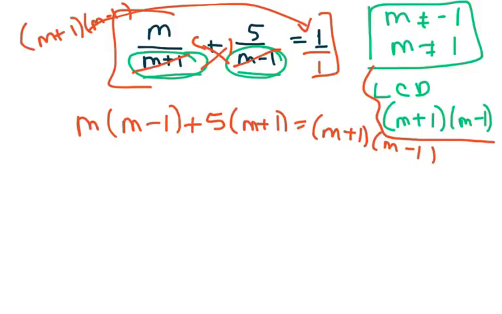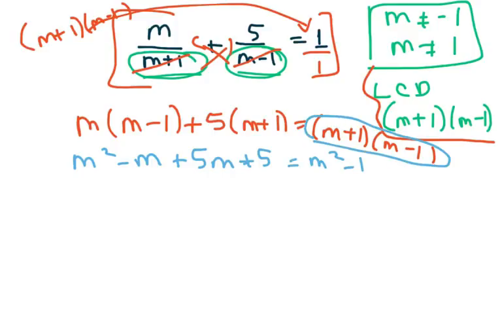Now I'm going to simplify, so I get m squared minus m plus 5m plus 5 equals m squared minus 1. You FOIL that out. That's your difference of squares. Now what's going to happen here, like last time, the m squares cancel. This equals 4m plus 5 equals -1.